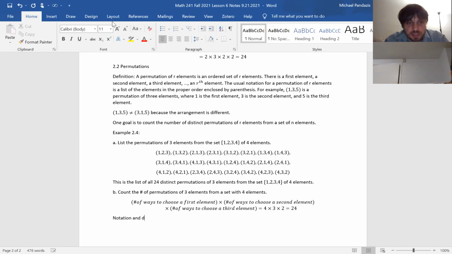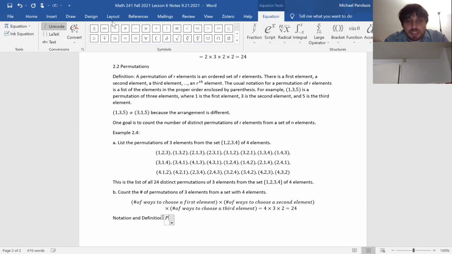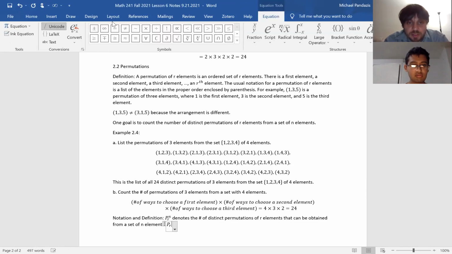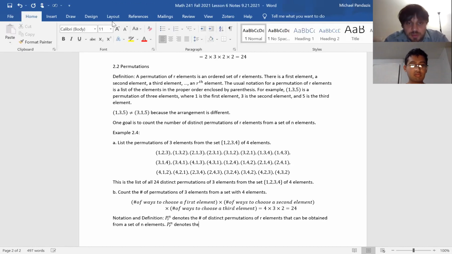Notation and definition. P(r, n) denotes the number of distinct permutations of r elements that can be obtained from a set of n elements.